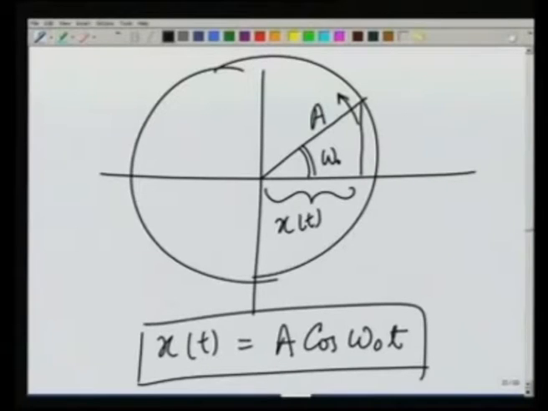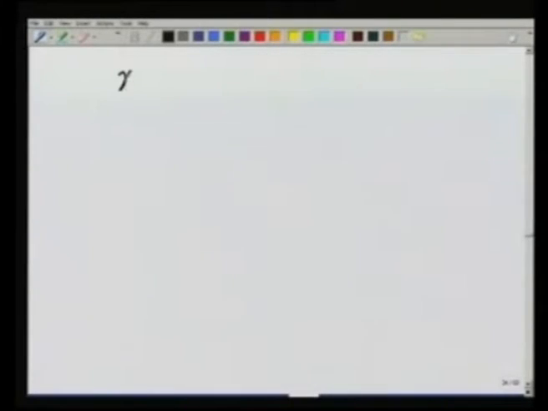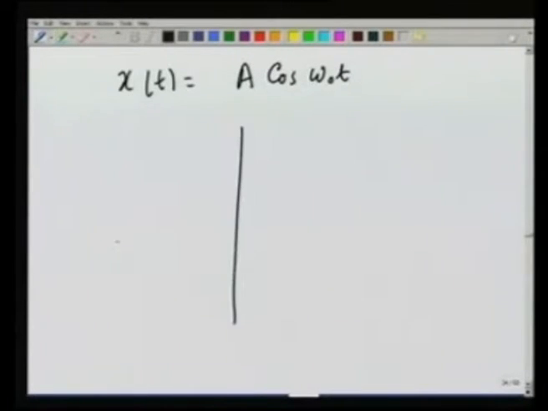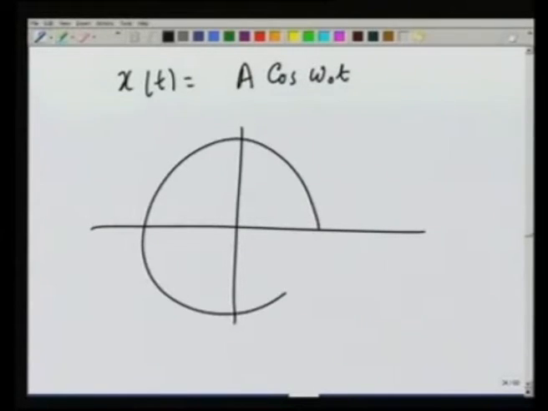But right now let us look at the Phasor diagram for one motion only. So if I have xt is equal to a cosine of omega 0 t, the initial position of the vector would be given like this, and it would be rotating counterclockwise with speed omega 0, so that in time t it covers a distance of omega 0 t.